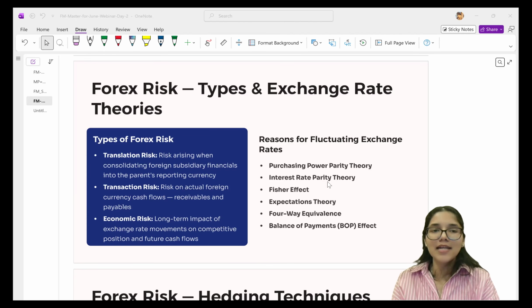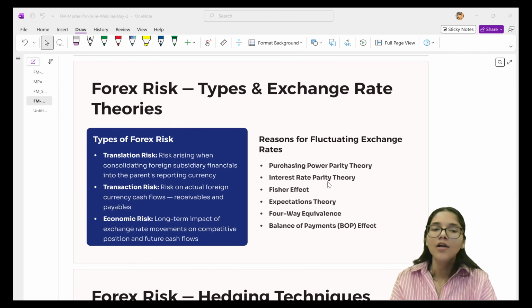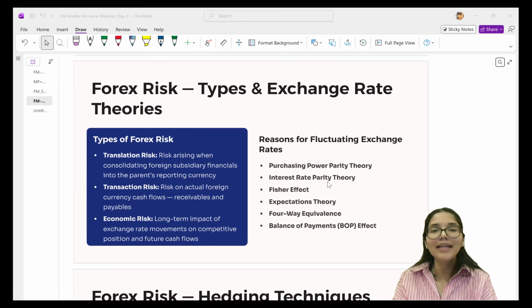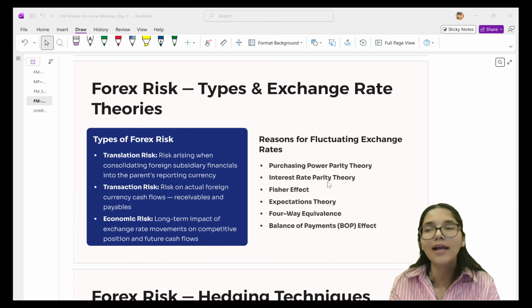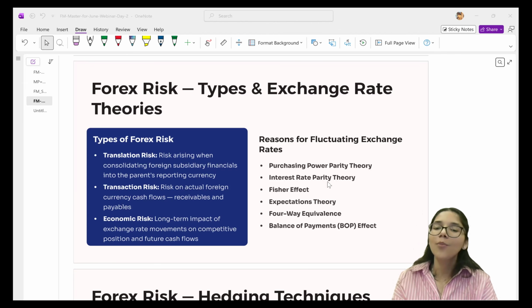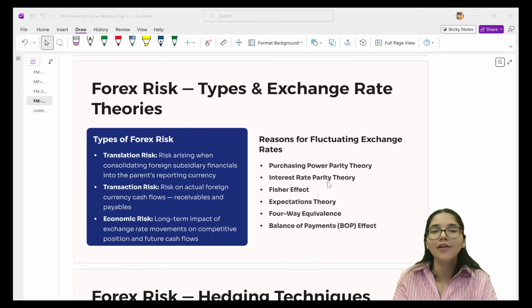Translation, the name itself is telling you what it is, converting one language into another. So what can happen is in one company, the different assets can be there in different currencies. For example, consider a company like Nestle, which has its headquarters in Switzerland and operates in different countries around the world. So Nestle over here in India will have their assets in Indian rupees, their liabilities in Indian rupees.